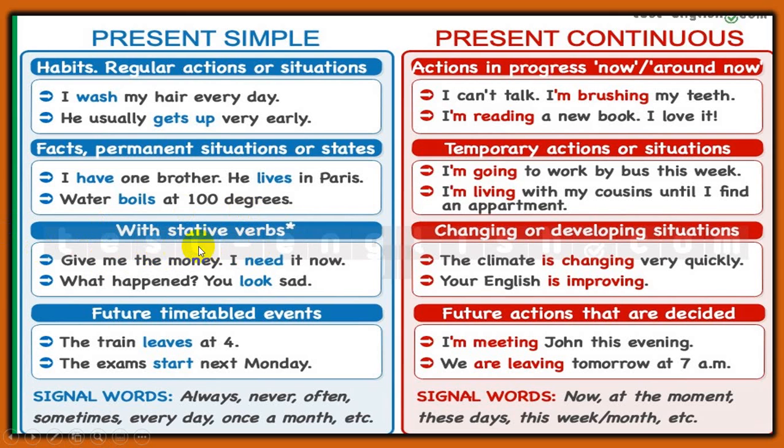The third usage is with the stative verbs, the verbs of senses. The verbs of sense are just like believe, belong, forget, hate, know, like, love, need, think, want, understand, and so on.